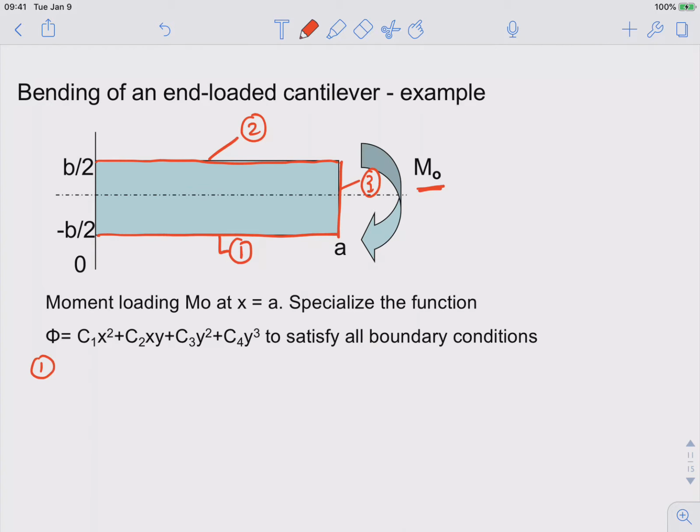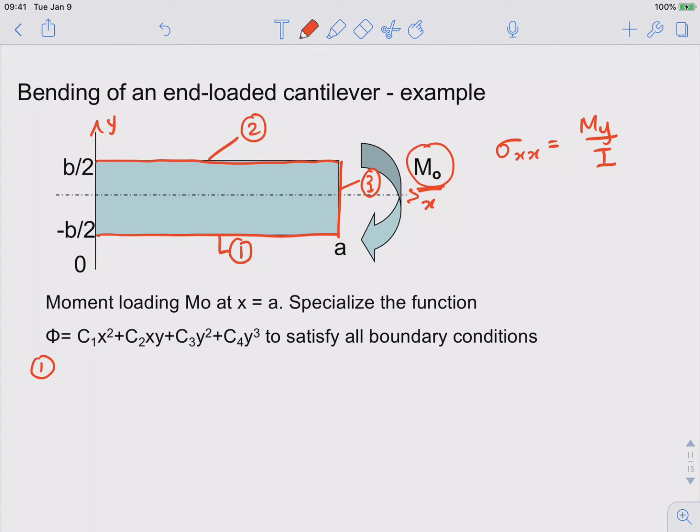What do we know about beams with pure bending, a cantilever beam with a pure bending moment? We know the equation sigma xx is equal to My over I, right? So with this kind of configuration, this being y and this being x, and a pure bending moment applied, I would have a sigma xx. That's it.